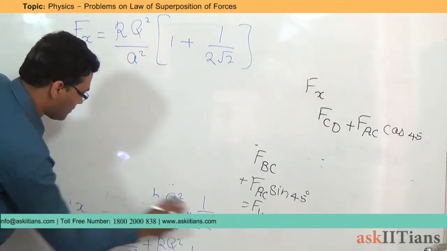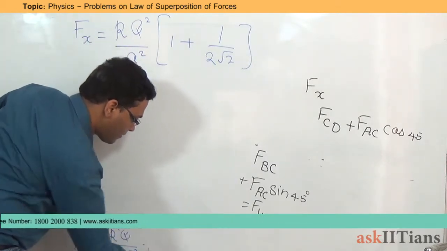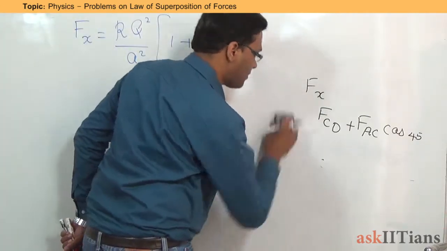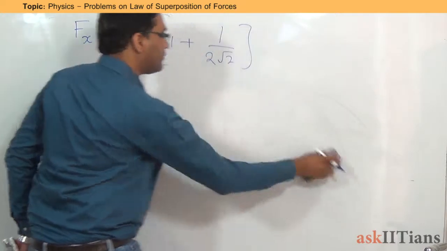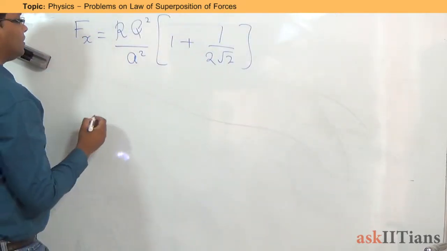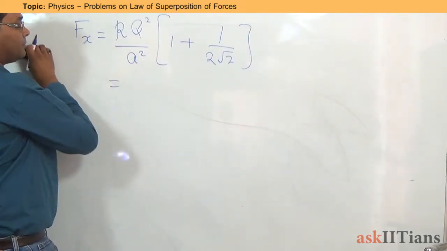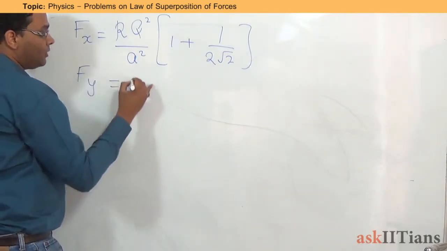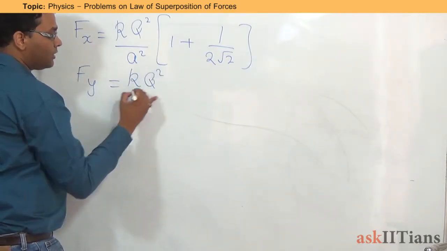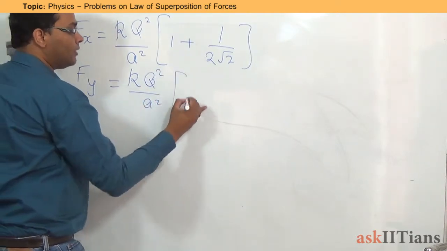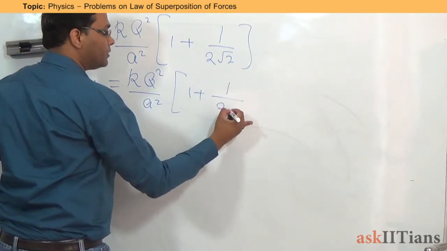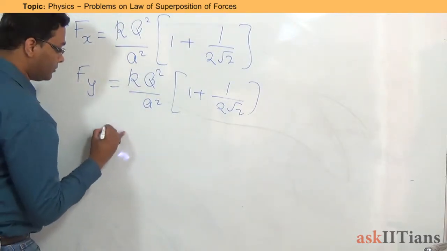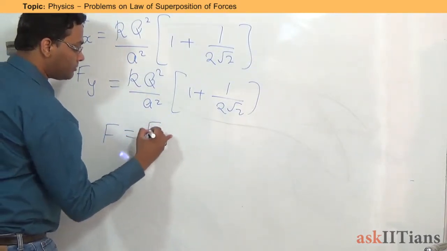Okay? So what will I get as a result? And similarly we will have Fy. So Fy will also be equal to KQ square upon A square, and here I'll get 1 plus 1 over 2 root 2.